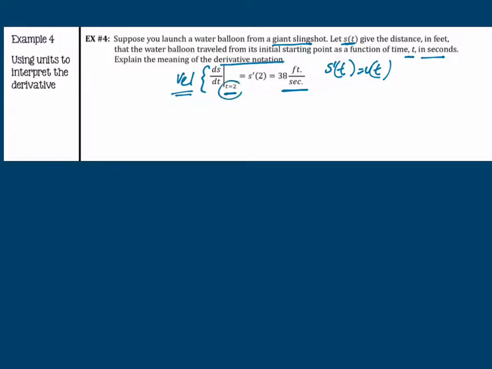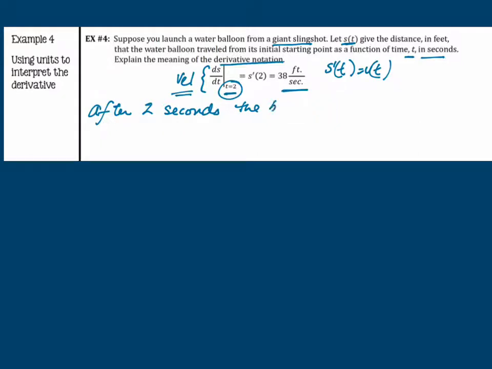So let's say that in words. Remember how we always start? We start with this: when t equals 2 seconds, or after 2 seconds. I usually say after, because time goes forward. So after 2 seconds, the velocity, well, let's say what's changing.